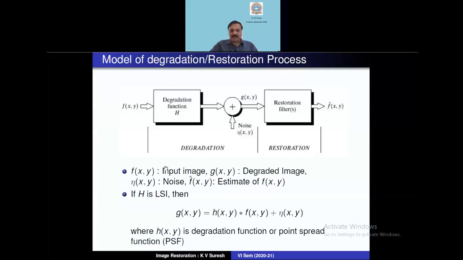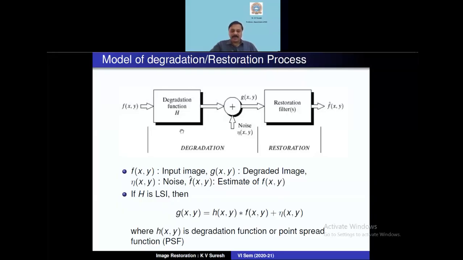So now I think the concept is clear here. f is the input image, g is the degraded image, n here is the noise, and f hat is the estimate of f of x comma y. Now comes, what is this black box? Because I need to write some equation here in terms of f and this h, I have to make some assumptions.